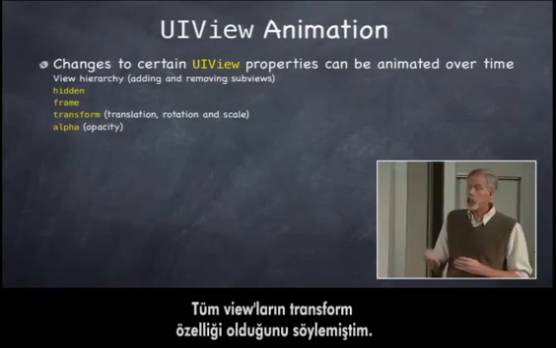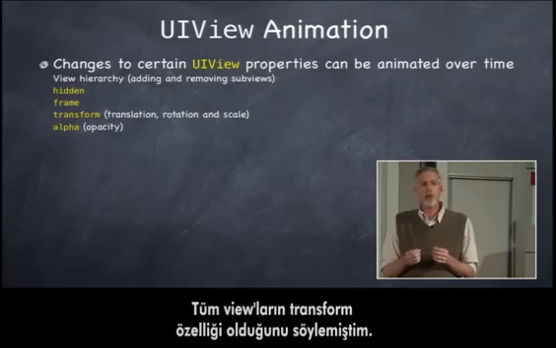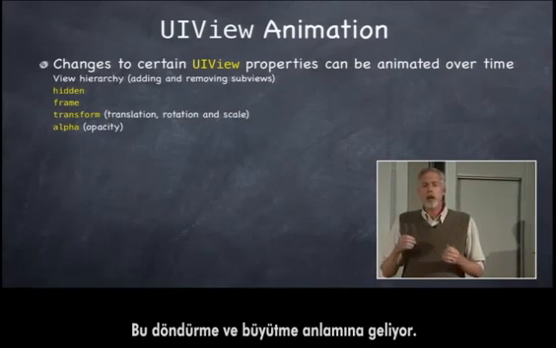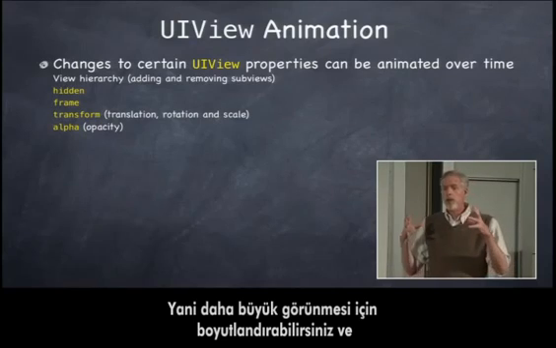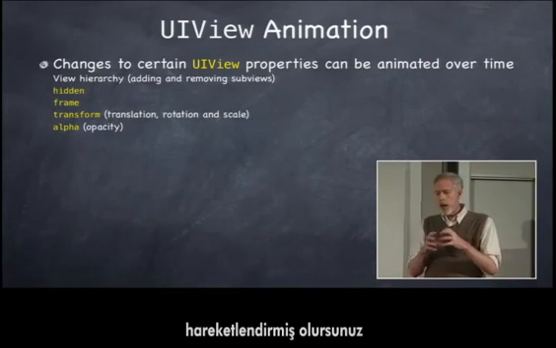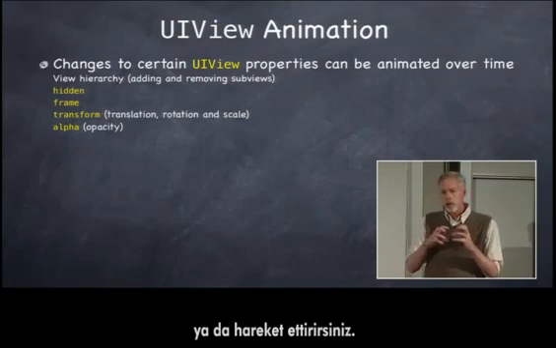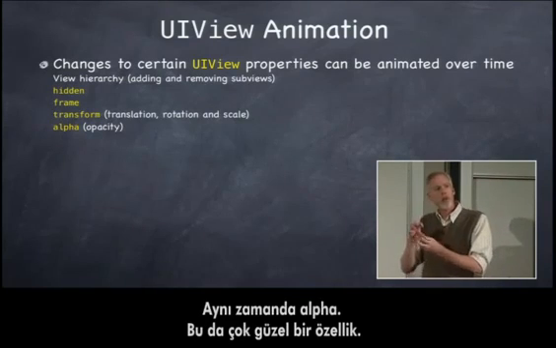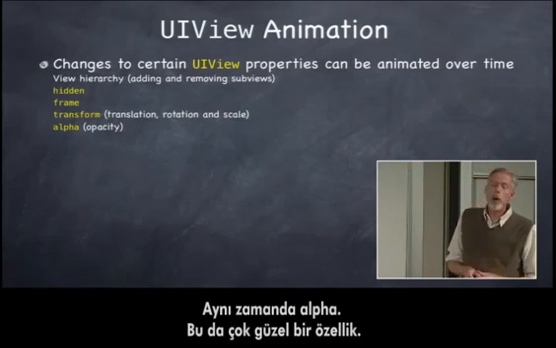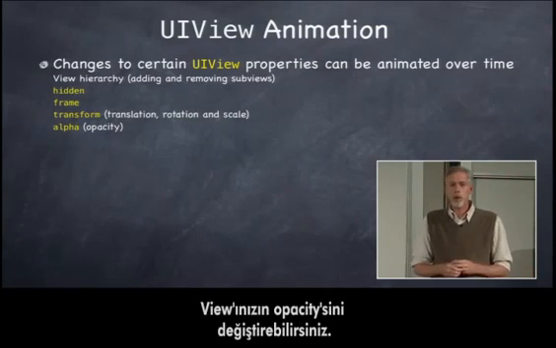A big one is the transform on the view. I told you that all views have this affine transform, which is a translation, a rotation, and a scale. So you could scale the view up bigger, okay, and have that animated, all right? Or you could move the thing around, or you could rotate even the view and have it animated. And then also alpha. Okay, this is a kind of a cool one too.